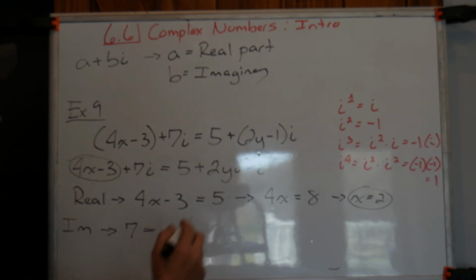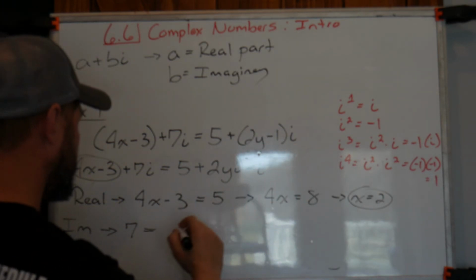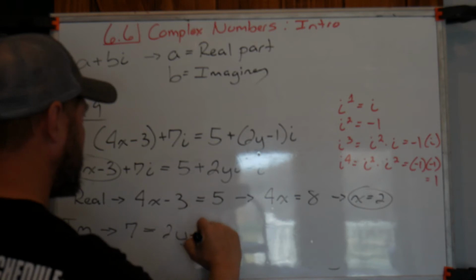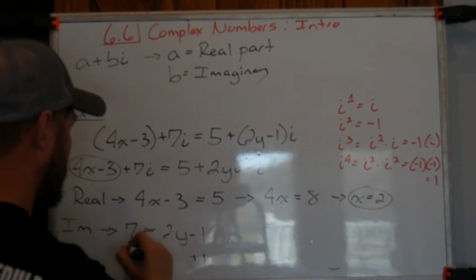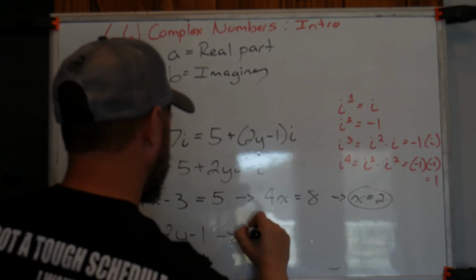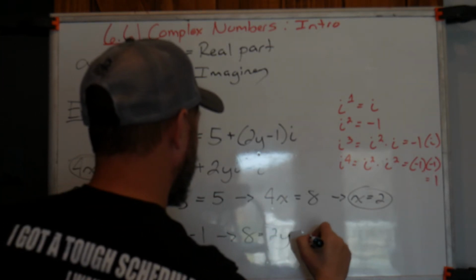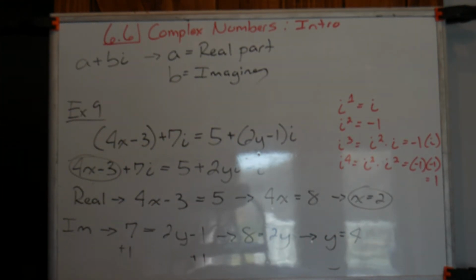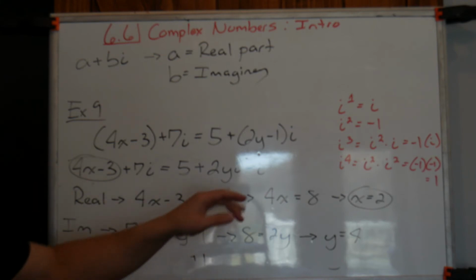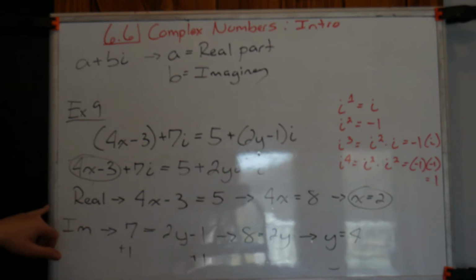My imaginary part over here is 2y minus 1. Now when I add my 1, I end up with 8 equals 2y. y equals 4. I think that's all I wanted to do on this one. I believe the book distributed that, but you don't need to. It's easier to think of it as that chunk as i.